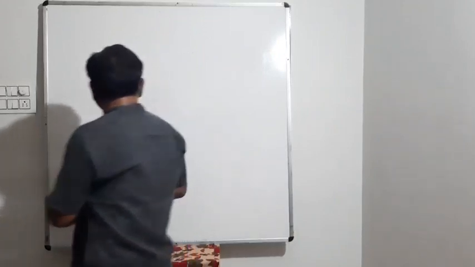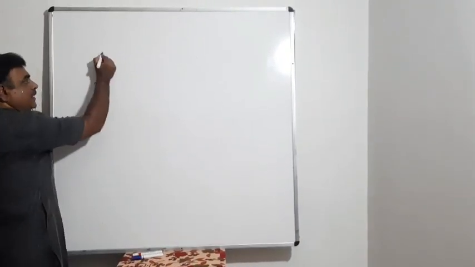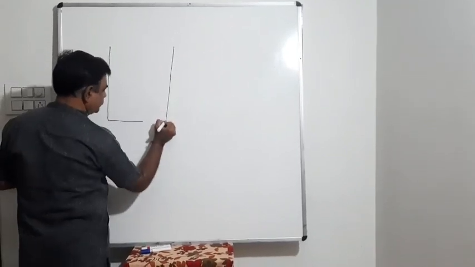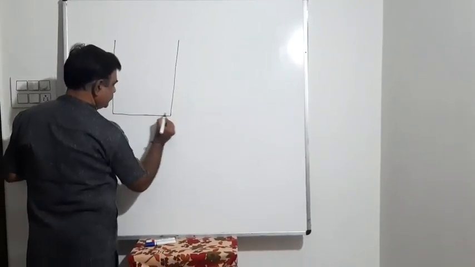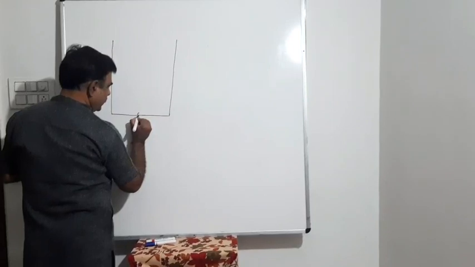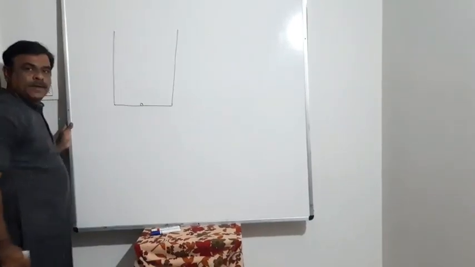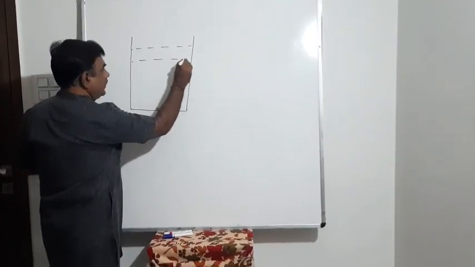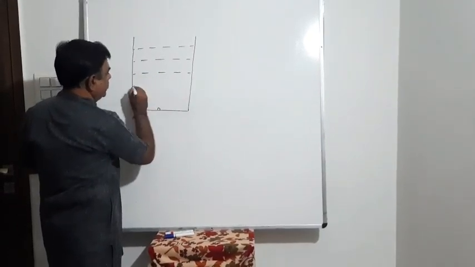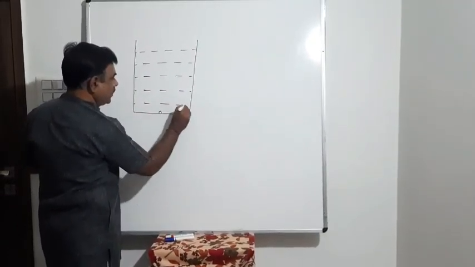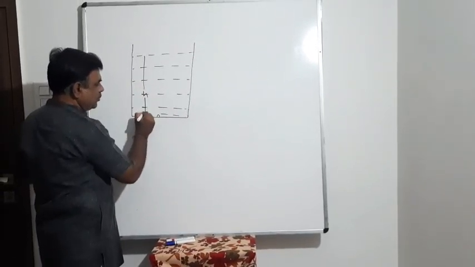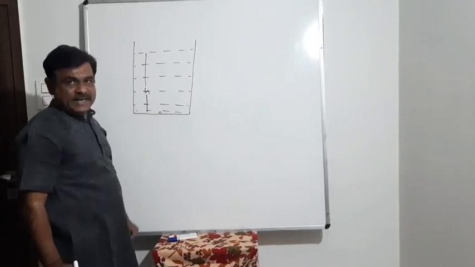So what is that? You have a point-like source of light at the bottom of a liquid container. Let the height of the liquid, or the depth up to which the source is kept, be h.